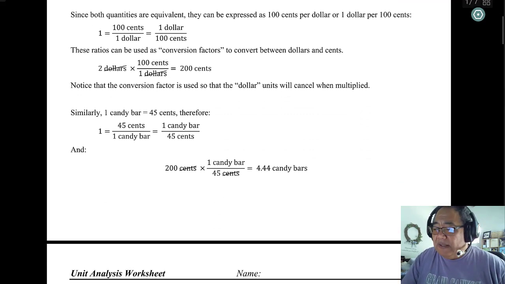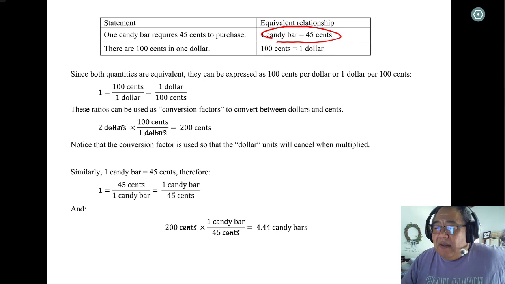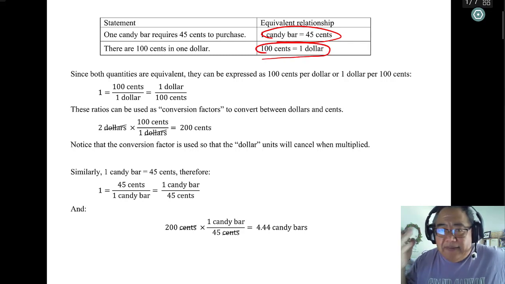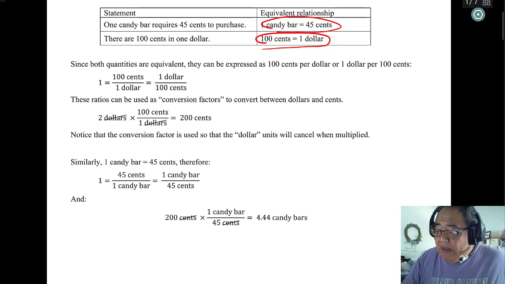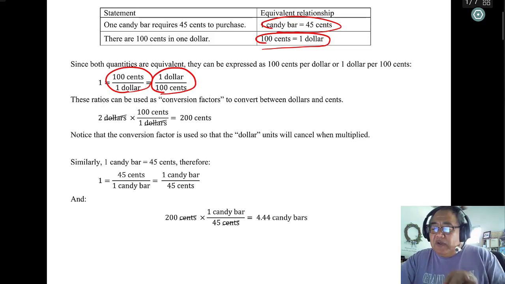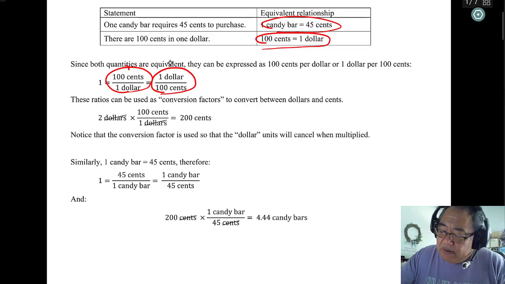equivalency statements or equivalent relationships, you can write what are called conversion factors. So for example, 100 cents is equal to $1, that's something you know from information in your head, right? You can write a statement that looks like this or this. And what does that actually say? Well, let's call this 1 and let's call this 2, right?